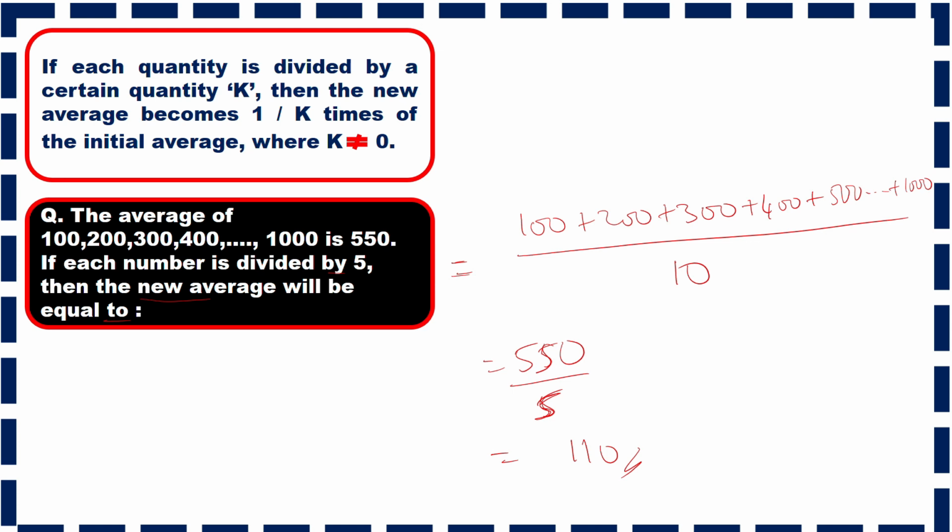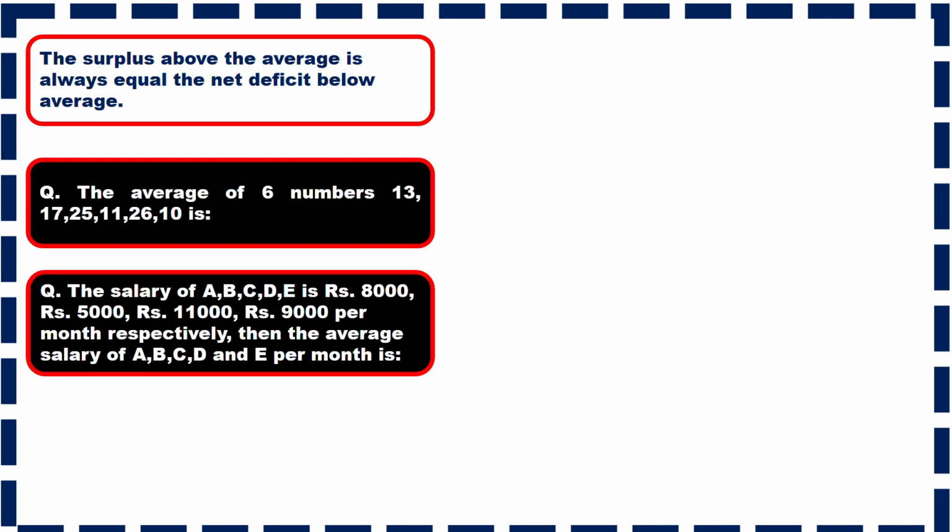If each and every quantity is decreased by the same value, then the average will also be decreased by the same value. So in this case, each and every quantity is divided by 5, so the average will also be divided by 5. Understood?